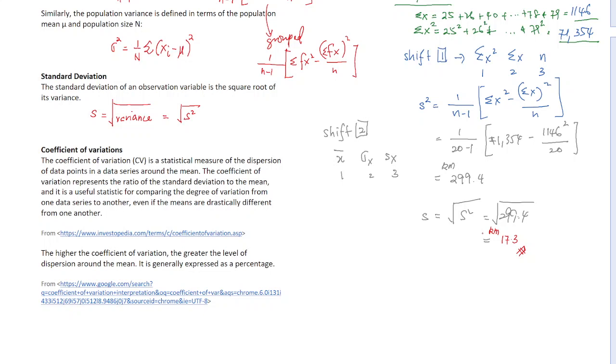Alright, and then you bolehlah compare. So you can also compare groups with the ungrouped data using the standard deviation. Normally we use the standard deviation to compare between two or more groups of a data set.